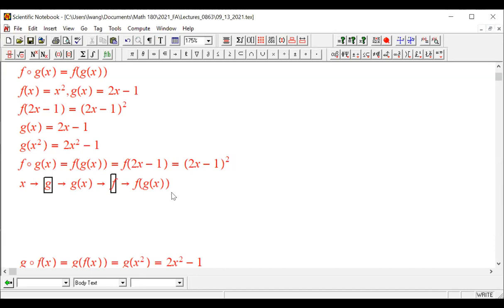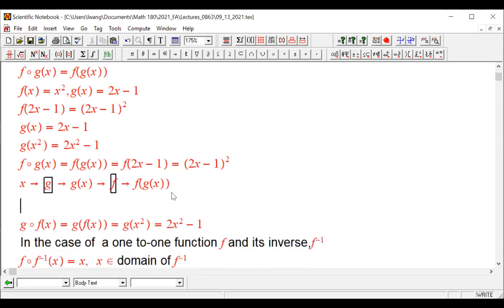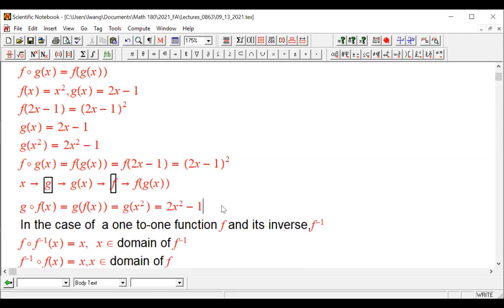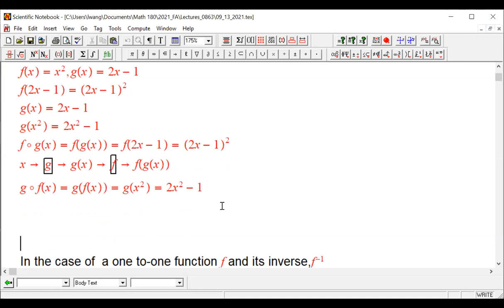Are you guys with me? Okay. The same thing is for G composite F. So it's about order. Order matters. Order is very, very important. On the second part, you can see X is given to F first.